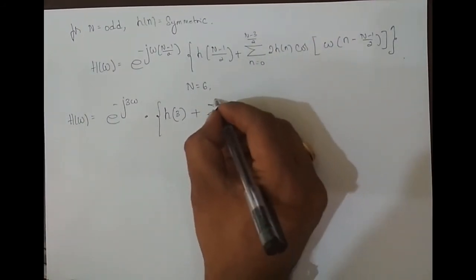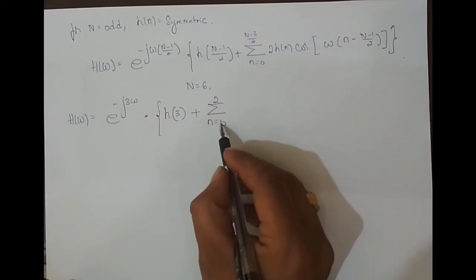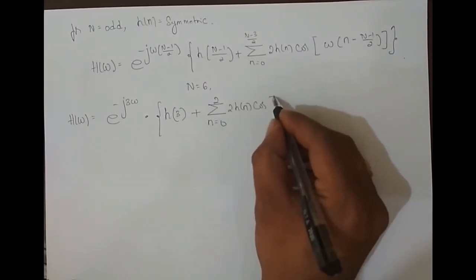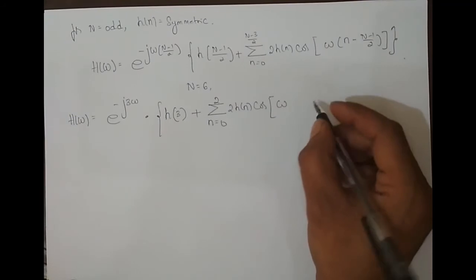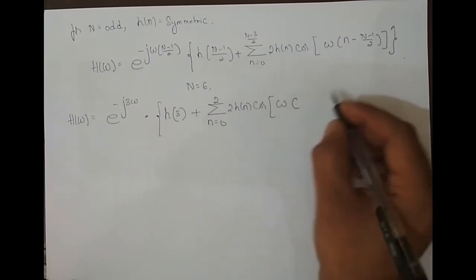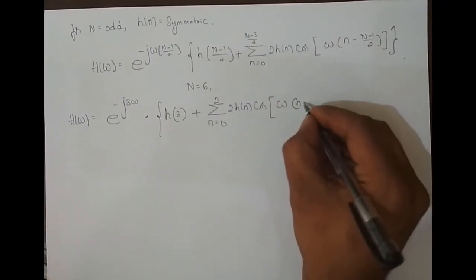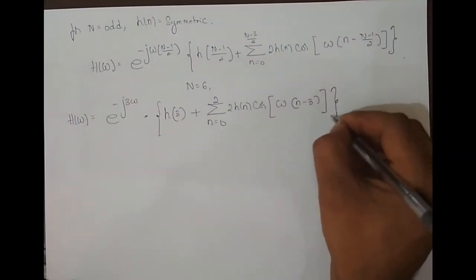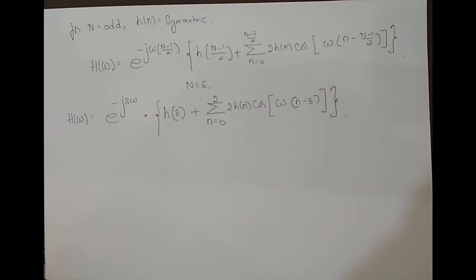So n takes the values 0, 1, 2, of 2 times h of n cos of omega into (n minus 3). Let me close the curly bracket.